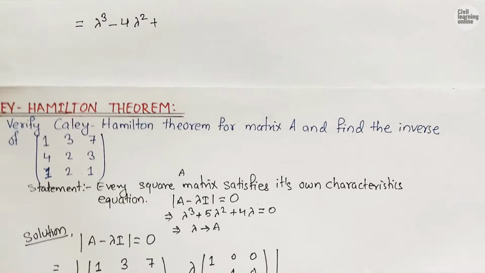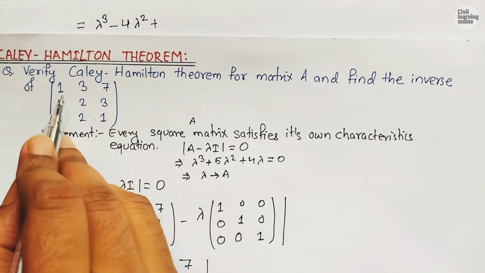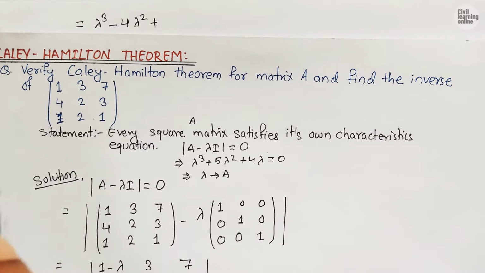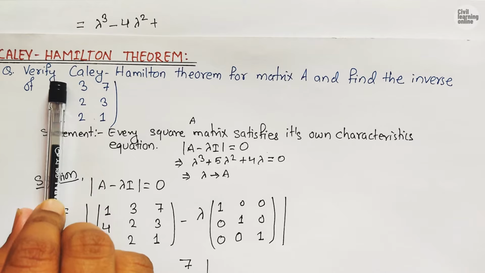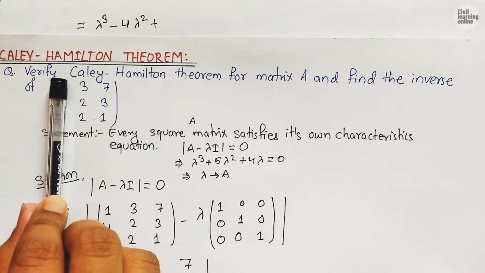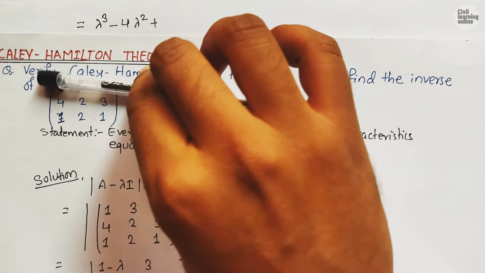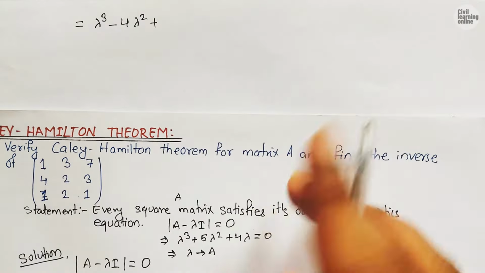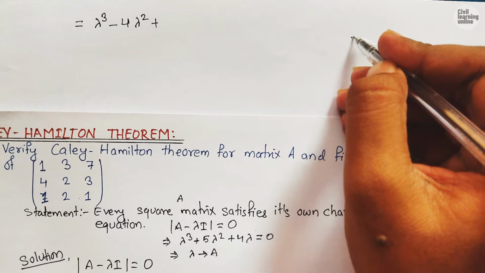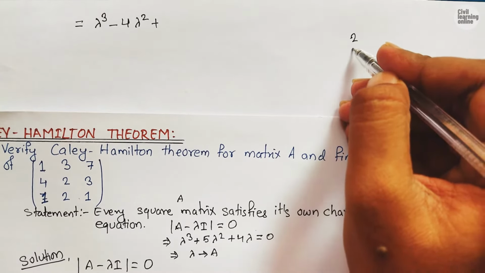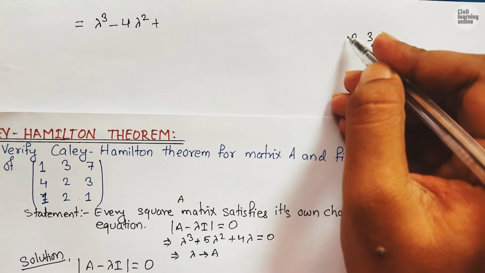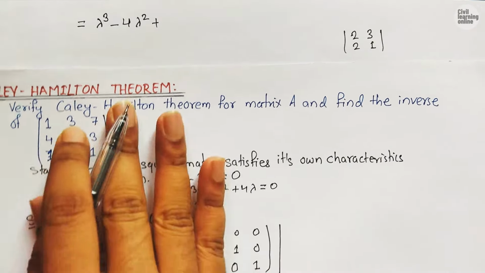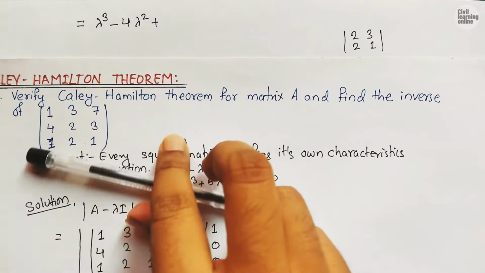So we have to find the cofactor of these diagonal elements. First we will find the cofactor of 1. We need to cover the row and column in which 1 lies. So here we go, this and this. We will have remaining elements as 2 2 3 1. Let me write it on the side of this page as rough. So we will have 2 2 3 1. Another diagonal element is 2. So cover the row and column in which 2 lies.